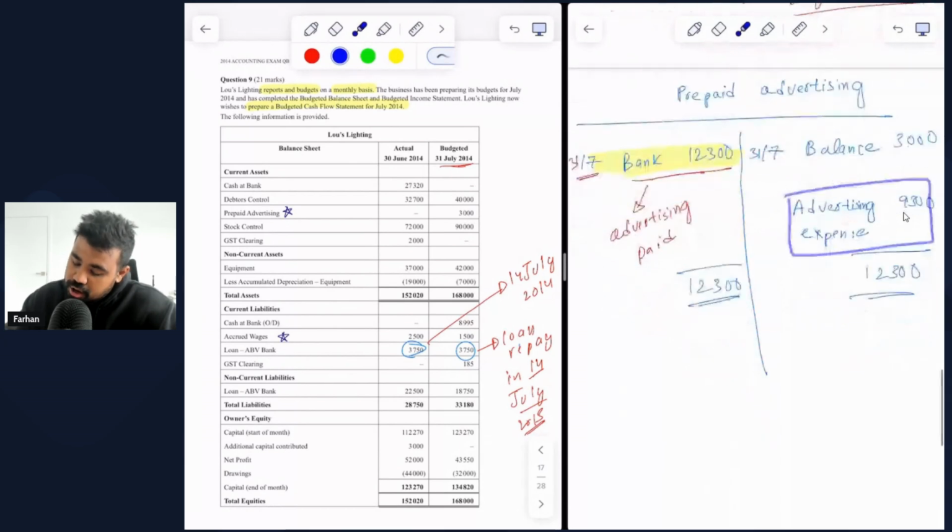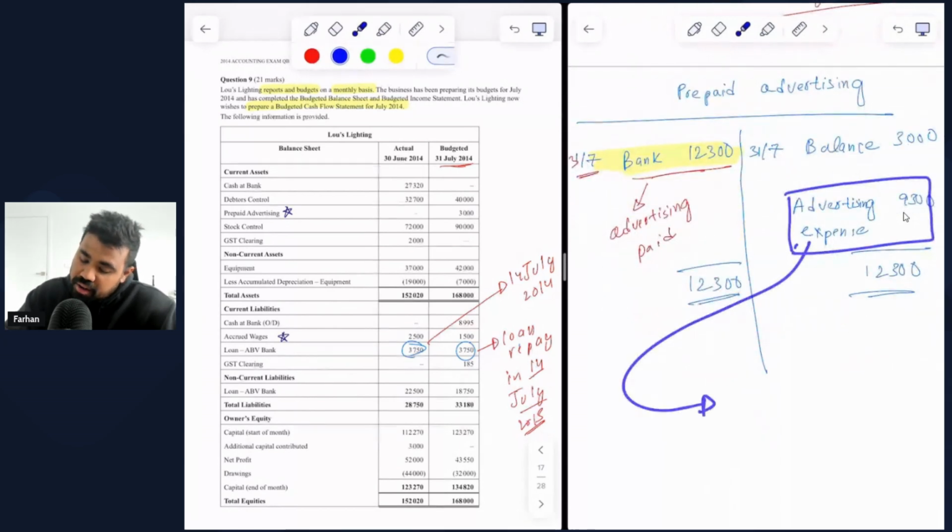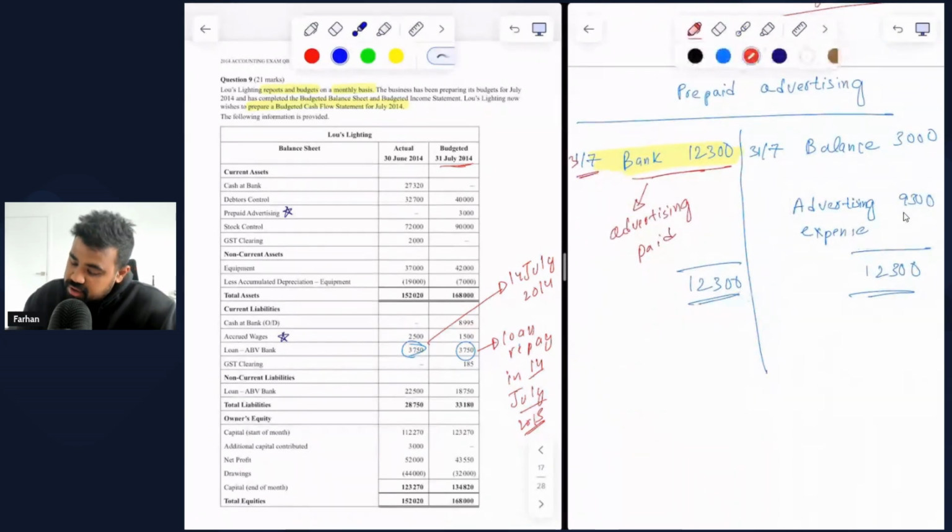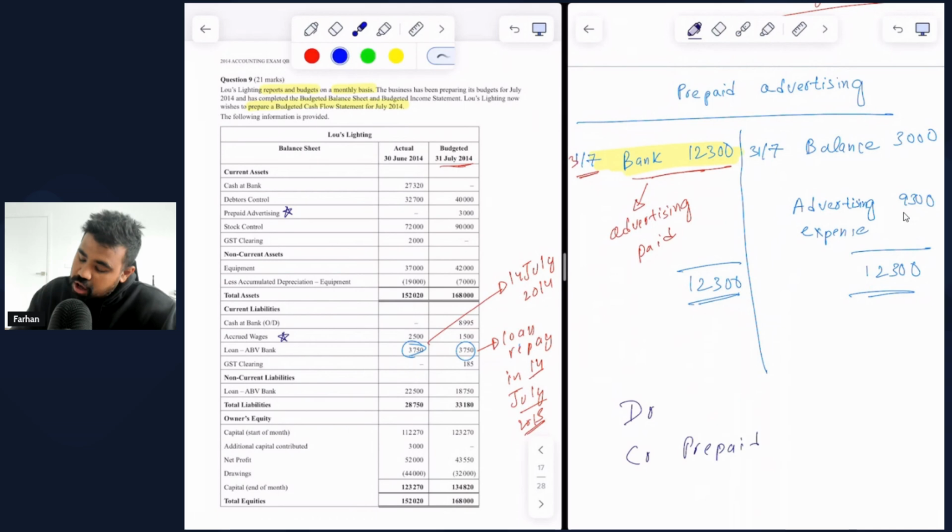What is the logic here? We understand that we have prepaid advertising, so every time the prepaid advertising is consumed, it will reflect a reduction, and that is why we'll be crediting it. But at the same time, we also have advertising expense, and we would have to debit it because expenses are always debited when they increase, right?